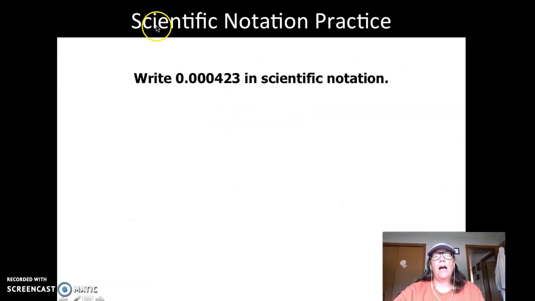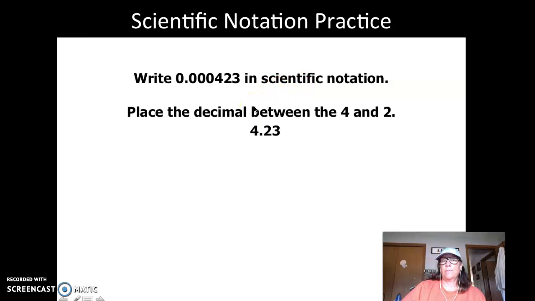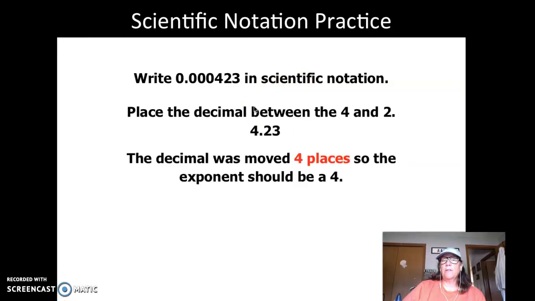Okay, so if I were to write this in scientific notation, I'd go 1, 2, 3, 4. So it'd be 4.23, and since I had to move it over 4 places, but now in this direction, it'd be -4. Okay, so again, place your decimal there, and the decimal had to be moved 4 places.